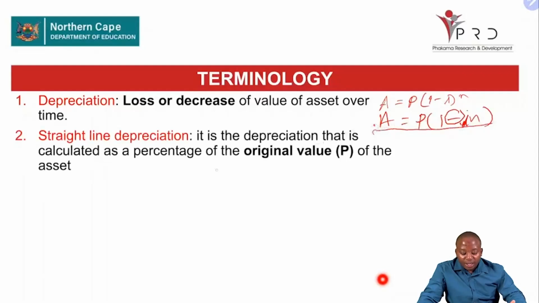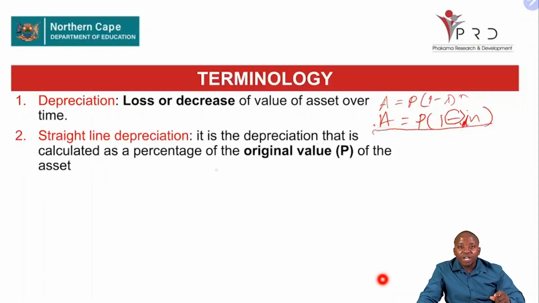That means with straight line depreciation, an asset will lose its value by a constant amount. So the depreciation is calculated on the original value, and yearly the very same asset will lose value by that amount.